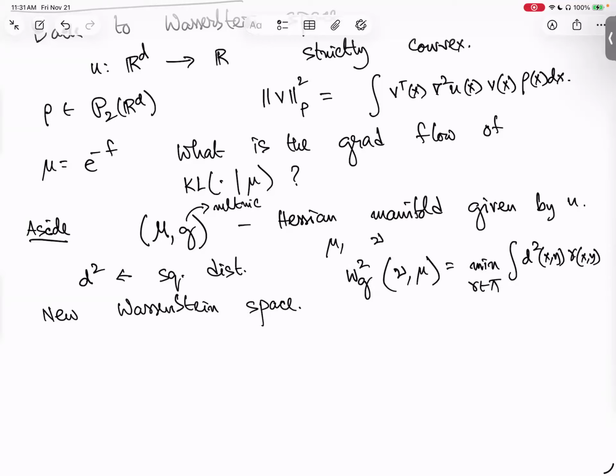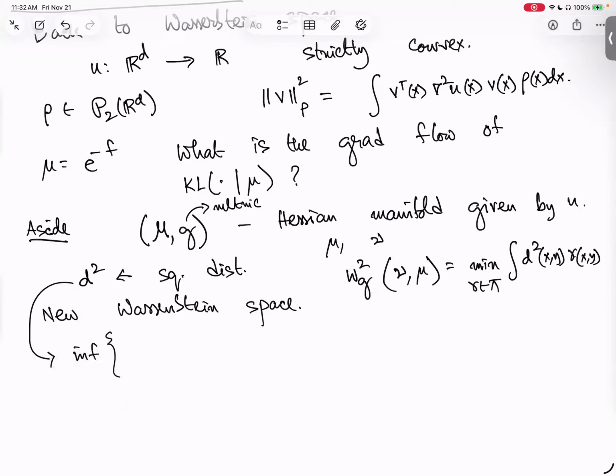All right. So the square distance is based on the G, right? That's right. So D square would be given by the infimum over all curves.